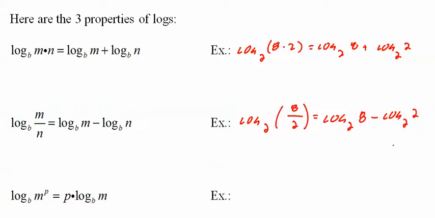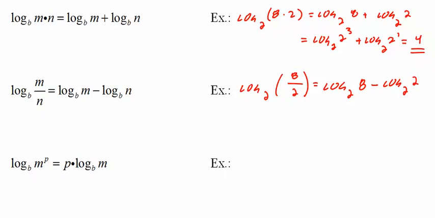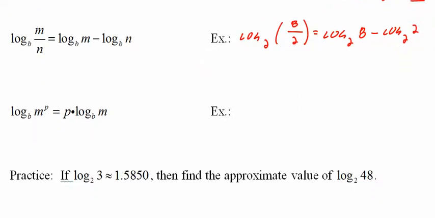And I can blast all these out, get log base 2 of 2 to the 3rd plus log base 2 of 2 to the 1st, and say, oh, that's going to cancel, cancel, cancel, 4. And you can look at the original equation and say, yeah, that works too. I'm not going to. I'm just going to show the log properties. I'll show you how we use them in a minute.